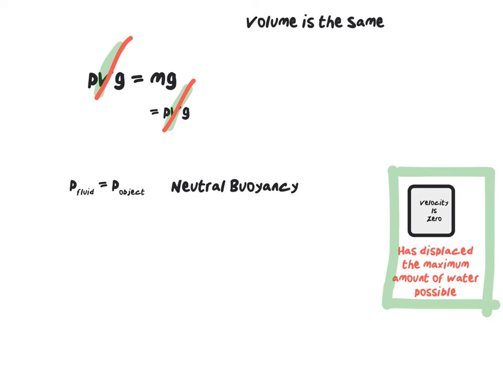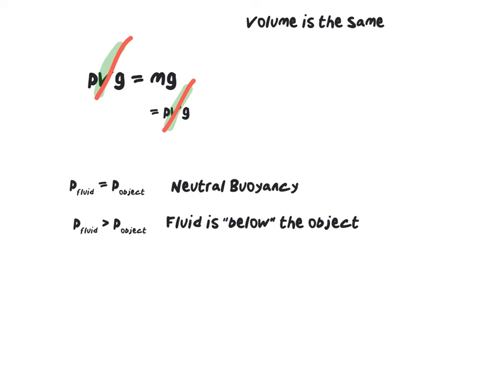But when the density of, let's say, the fluid is larger, so I'll write this inequality here, density of the fluid is greater than the density of the object, the fluid will sink below the object, or in other words, the fluid will be below the object. If the object's density was greater, then the object would be the thing on the bottom.